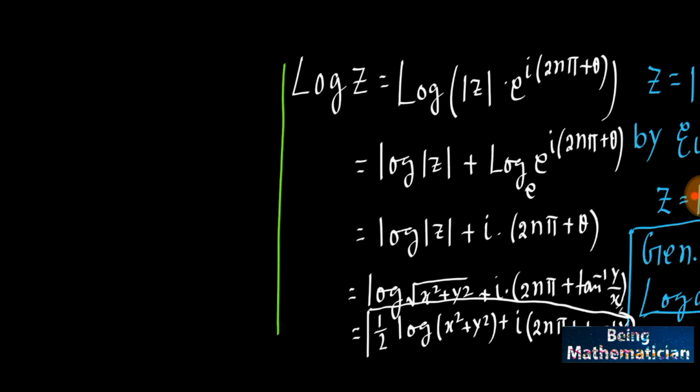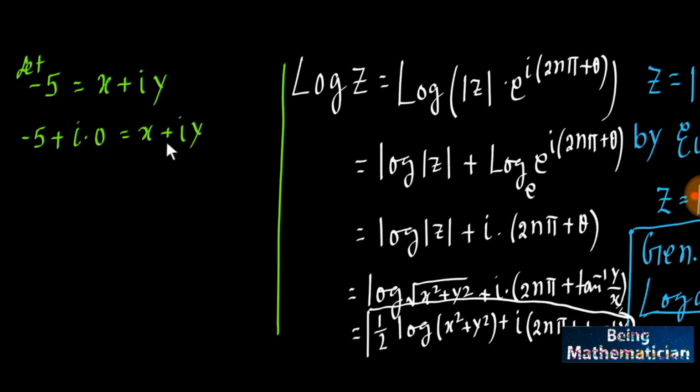So clearly minus 5 is a complex number. So let minus 5 equal to x plus iy. Now minus 5 can be written as minus 5 plus i into 0 equal to x plus iy. Now comparing this, we get x equal to minus 5 and y equal to 0.